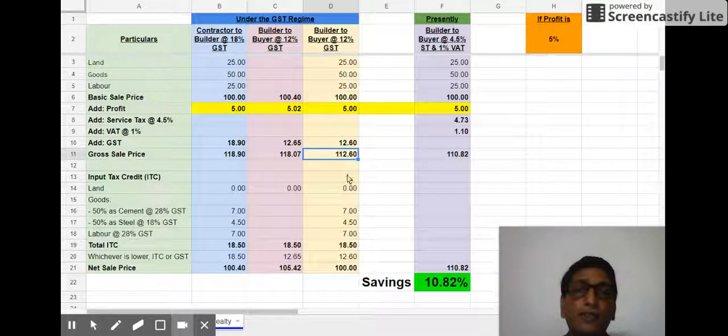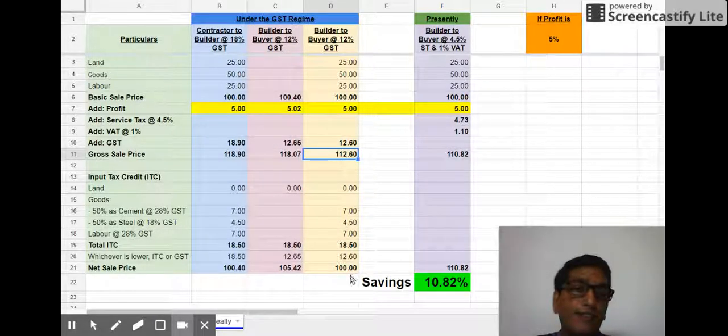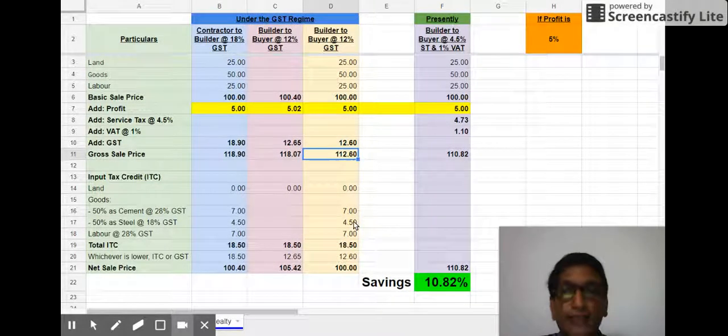No. The end consumer, the buyer, should ask for the benefit of input tax credit available to the builder, which was passed on in the whole process of construction. So let us go into the input tax credit.